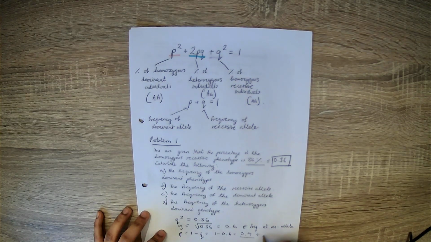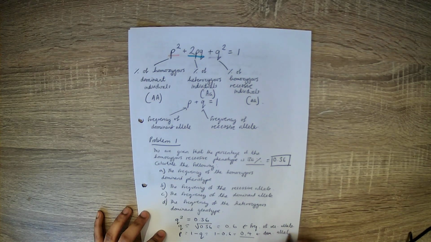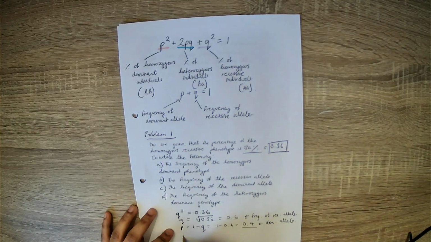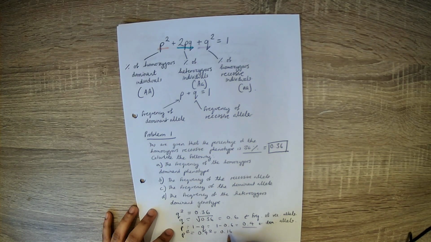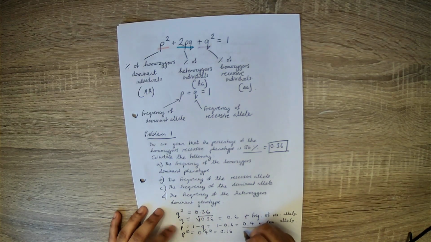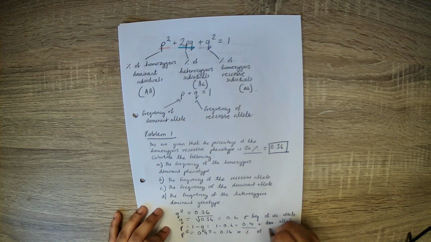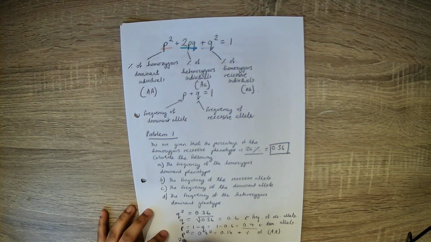Now we have the frequency of the dominant allele. And then from there we can work out p squared, which is 0.4 squared, which is 0.16. That is the percentage of homozygous dominant individuals. And finally we can work out 2pq, which is 2 times 0.4 times 0.6, which I think is 0.48.